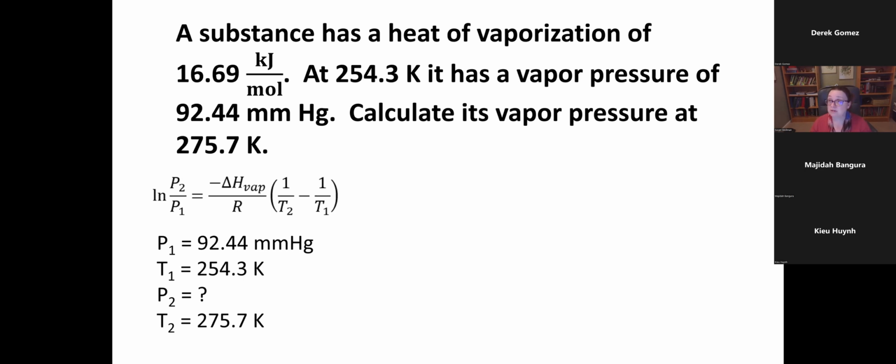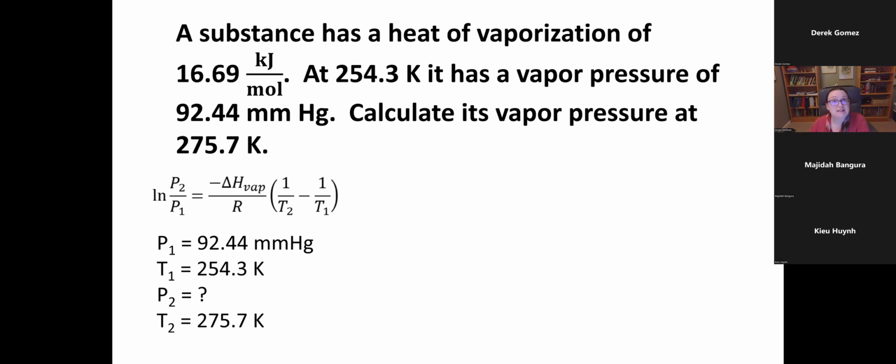You don't have to; as long as you're keeping track of things and doing the algebra correctly, we will get exactly the same answer. The odds are, though, if your variable is in the denominator, the algebra is going to go bad. So I have it so that pressure 2 is what we're looking for. That's in the numerator there in the natural log term. And my temperature 2 is 275.7 Kelvin.